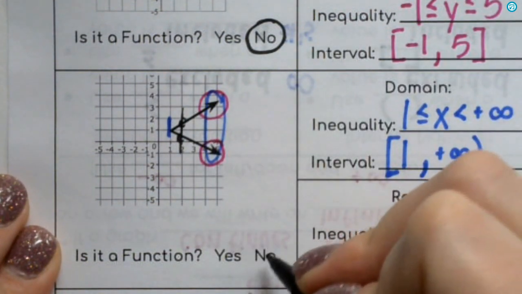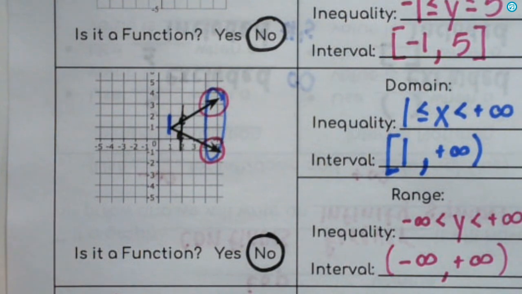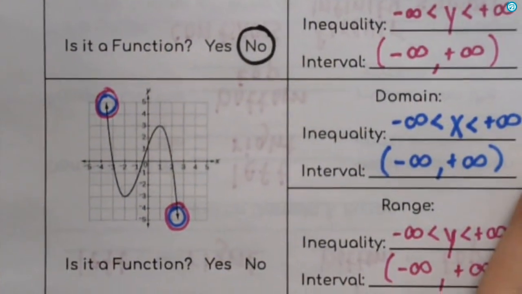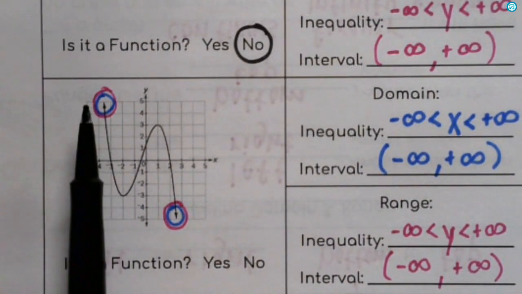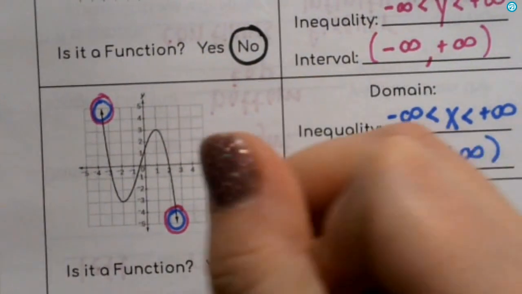So this one is also not a function. Okay, and then this very last one, I would be able to draw a vertical line anywhere. I'm just going to drag my pin across. I would be able to lay a vertical line anywhere, and it would cross once, so this one is a function.